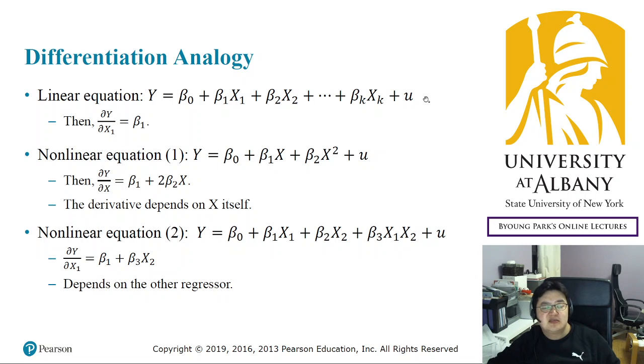In this case, the derivative with respect to x1, the variable of your interest, is simply beta 1. The other variables are fixed and they have no effect. So beta 1 is just a constant effect on y of x1, no matter what the other values are and no matter what x1 takes.